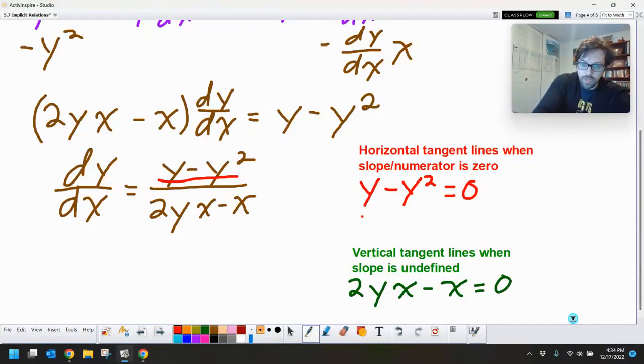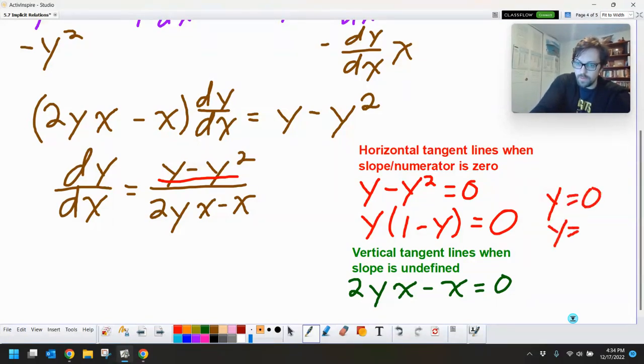So if we check the numerator, we get y, and then 1 minus y, excuse me. So that would be the y value of 0 and the y value of 1. Those are two places that we can have horizontal tangent lines.